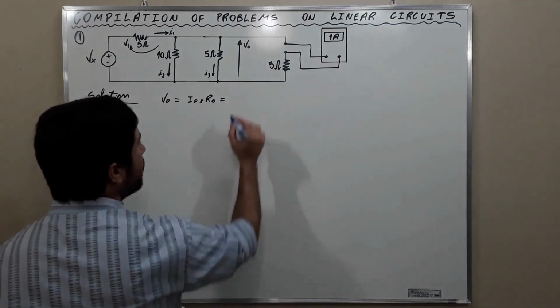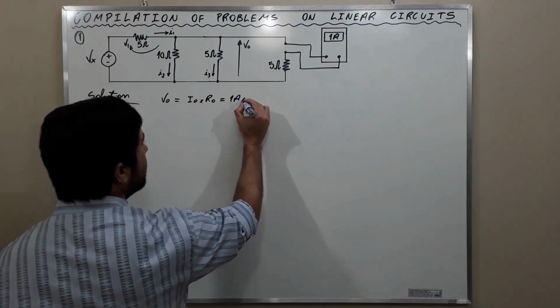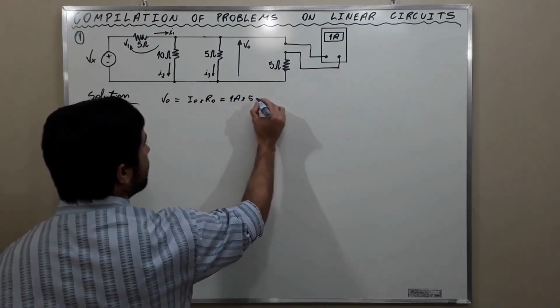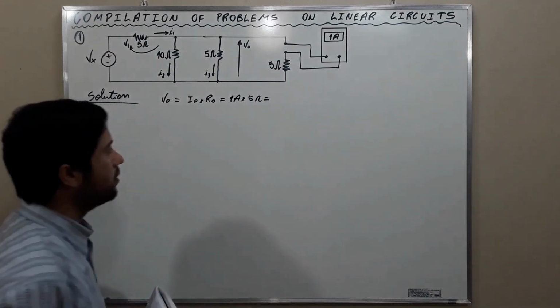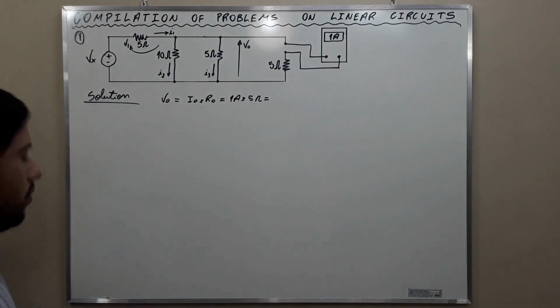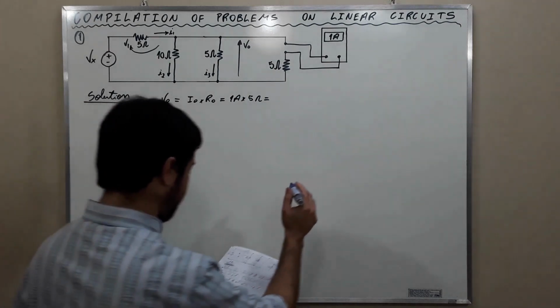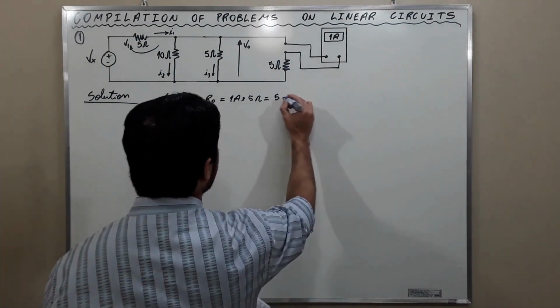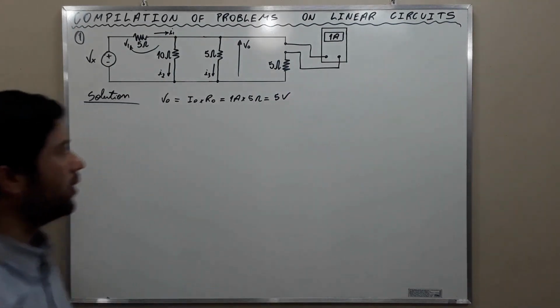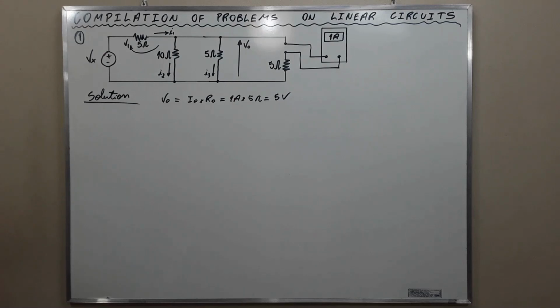Consequently, it is going to be 1 amp times 5 ohms, and this gives the value of 5 volts. Okay? This was easy, simply applying Ohm's law.